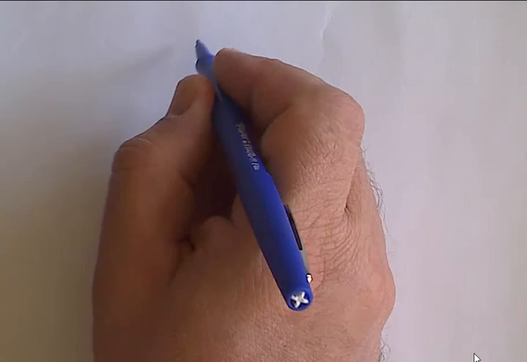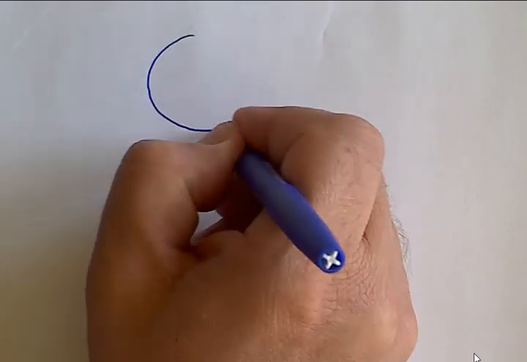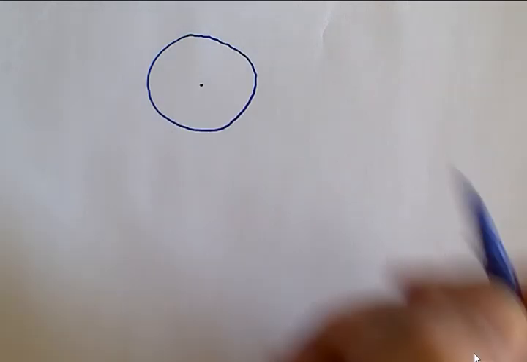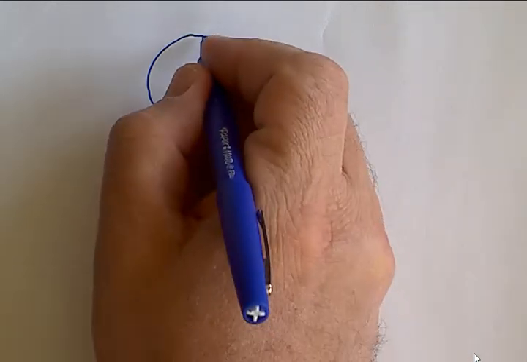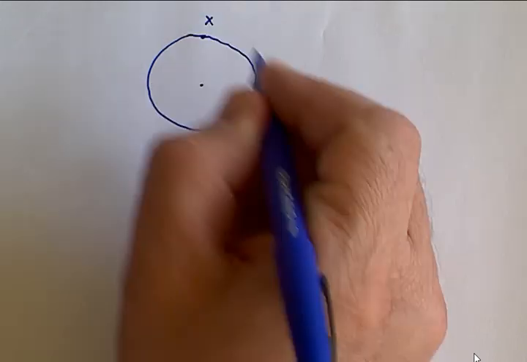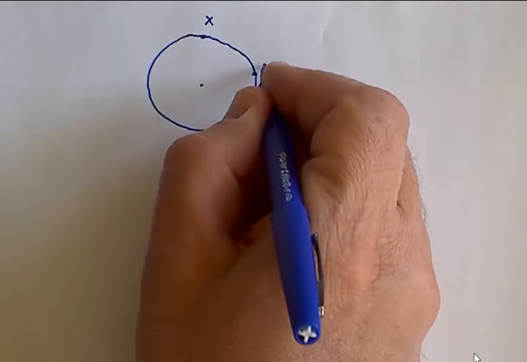So first of all, when you take an entire circle, here's my circle, there's the center, okay? Out on the circle, I'm going to designate a couple points. This is X and this is Y, okay?